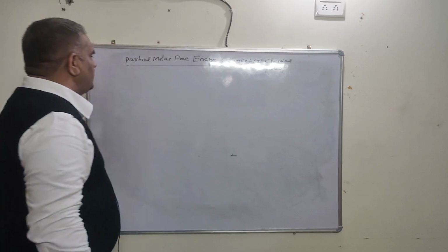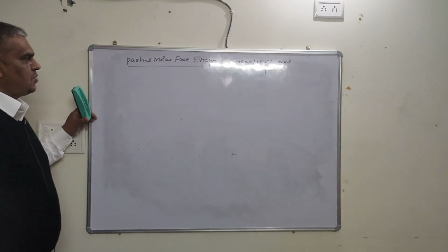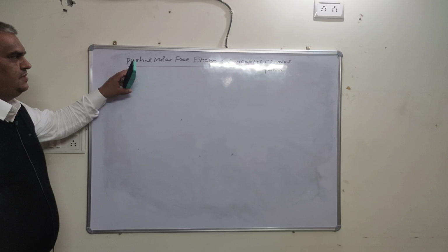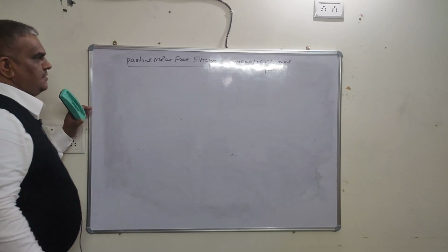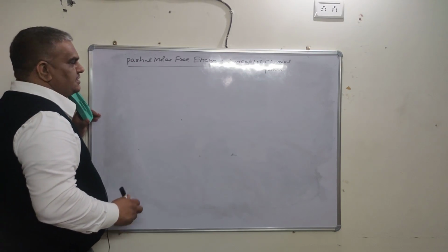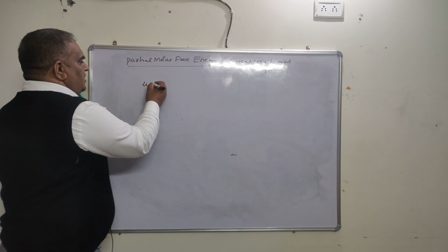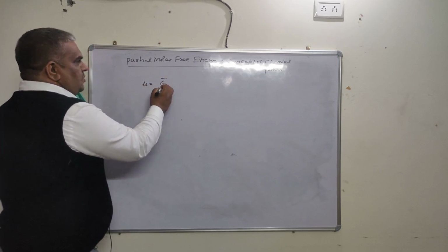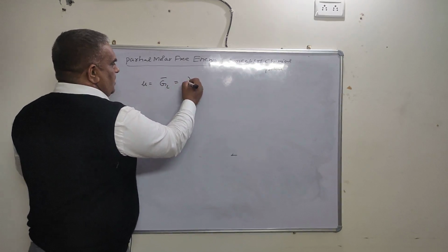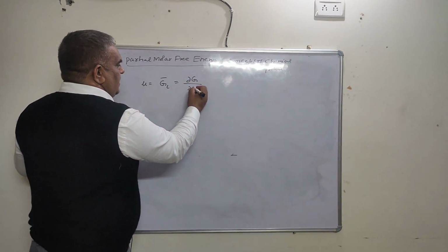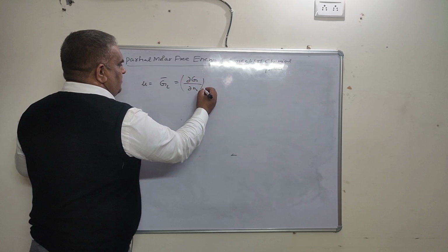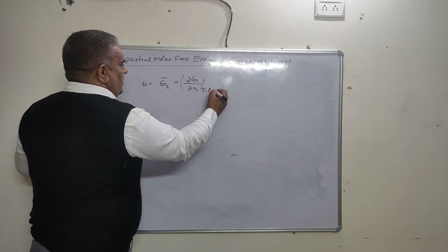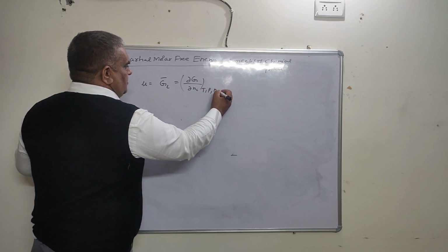The most important partial molar property is the partial molar free energy, and that is the chemical potential, represented by mu. This mu equals Gi bar, the partial molar free energy, equal to ∂G/∂Ni at constant temperature, pressure and composition of the system.